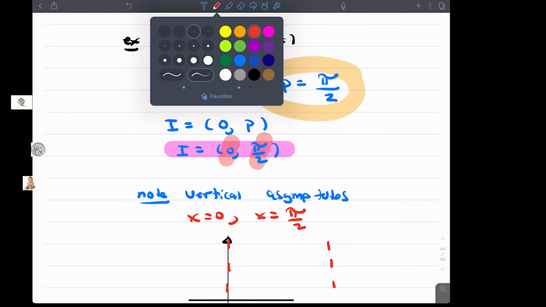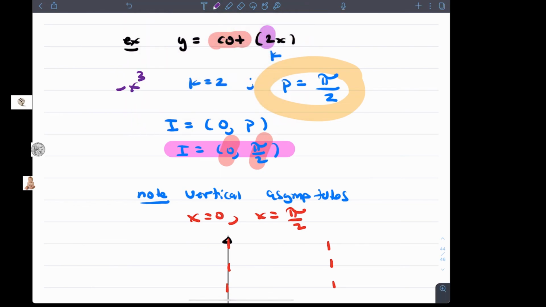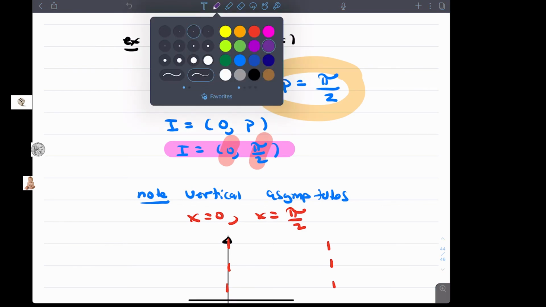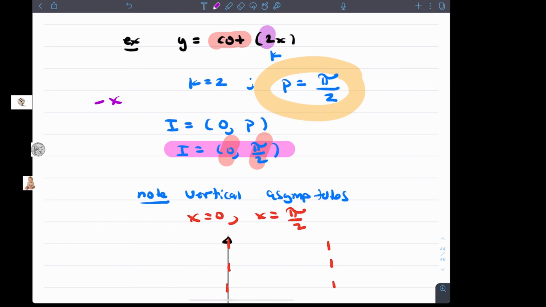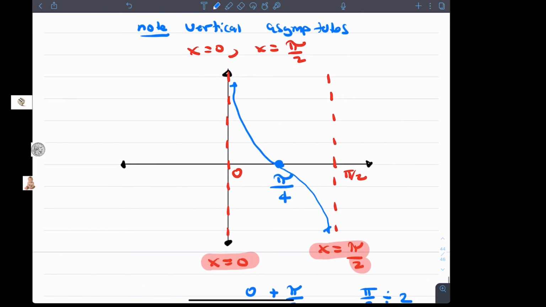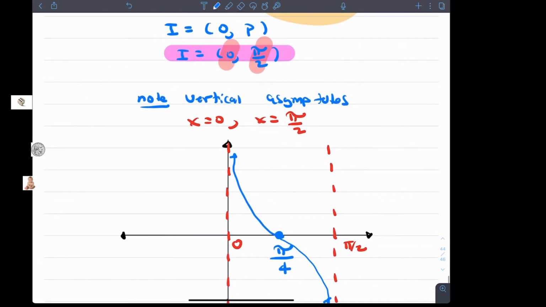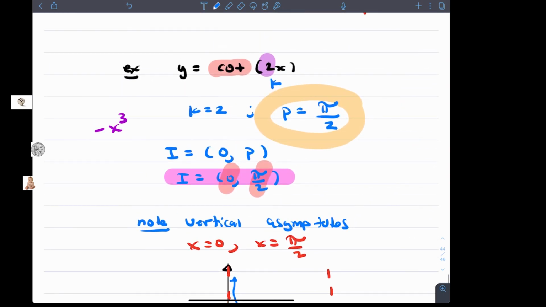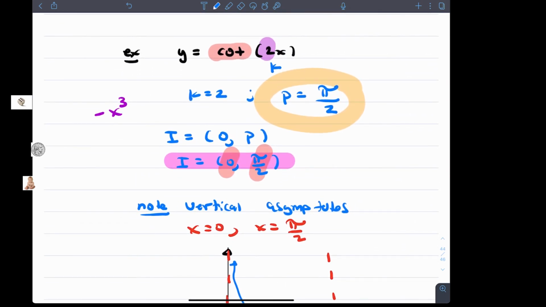In my mind, I go, oh, the opposite of this negative x cubed. I got the wrong color. Okay, so it goes down, gets close to the vertical asymptote, never crosses, and there you go, ladies and gentlemen. This here is the graph of what? Y equals cotangent of x.